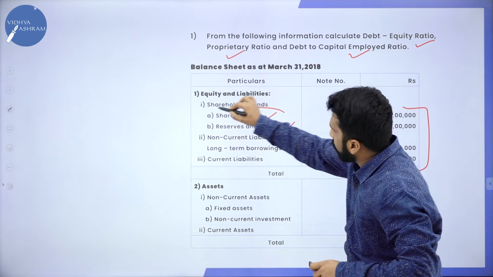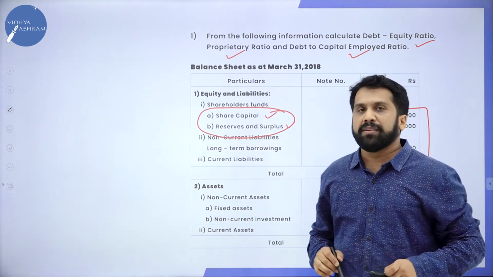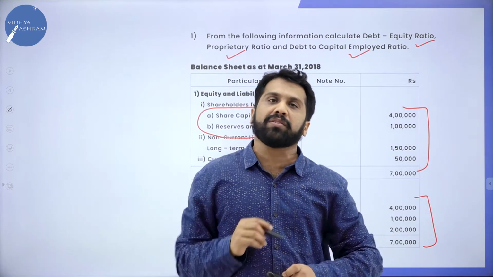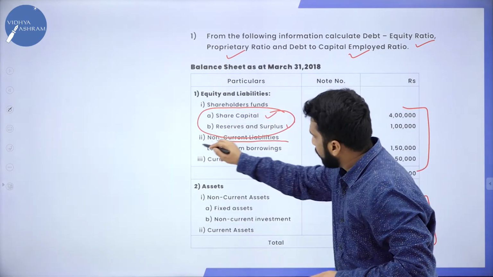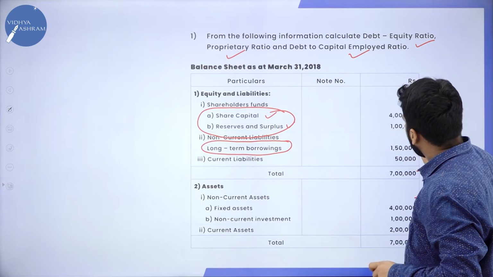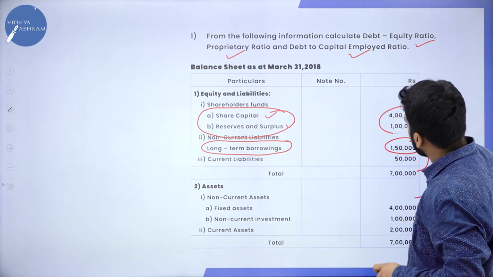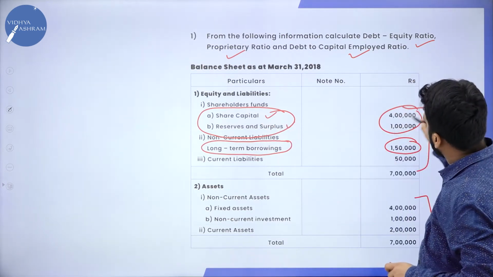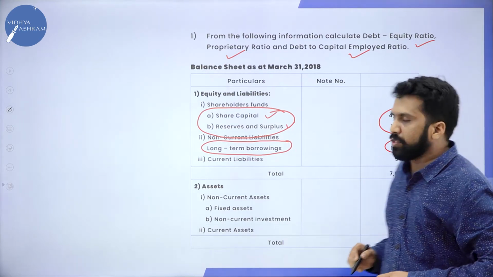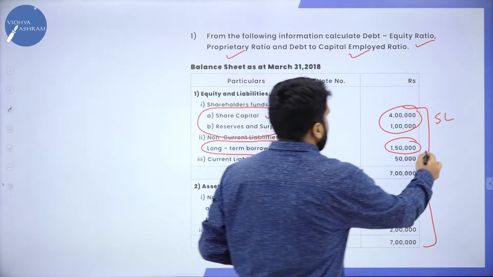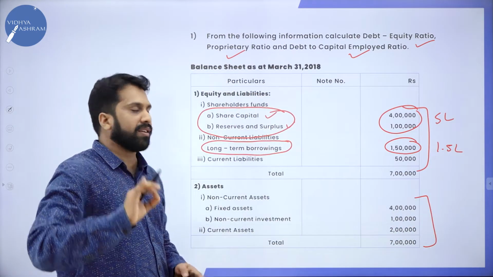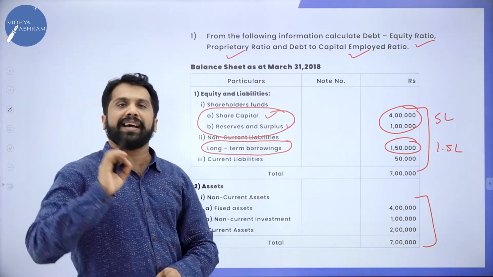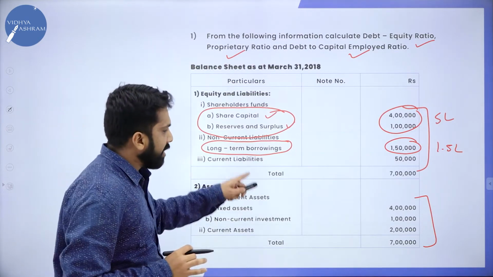See, we got shareholders fund. Now, long-term debt. What is for long-term debt? Only debentures. Now, do we have? Yes. Long-term borrowings. We got long-term borrowings also. What is your shareholders fund? 5 lakh. What is your long-term debt? It is 1.5 lakh. This much only. Easiest one. Just you have to identify. Nothing to do with assets now.